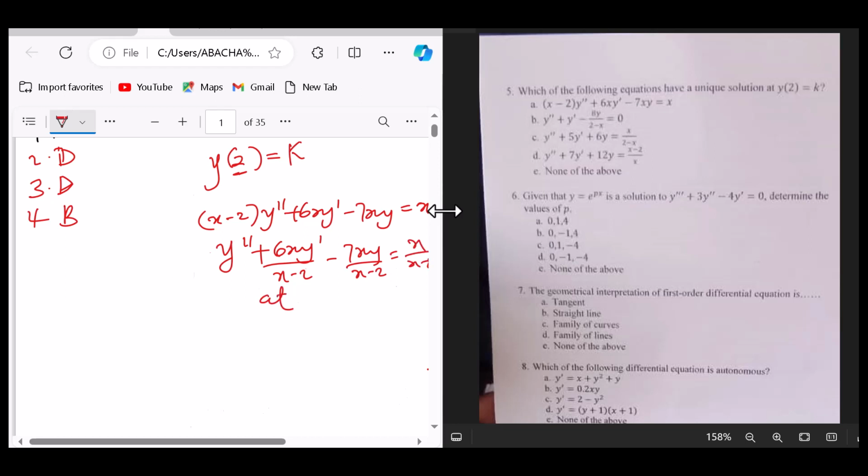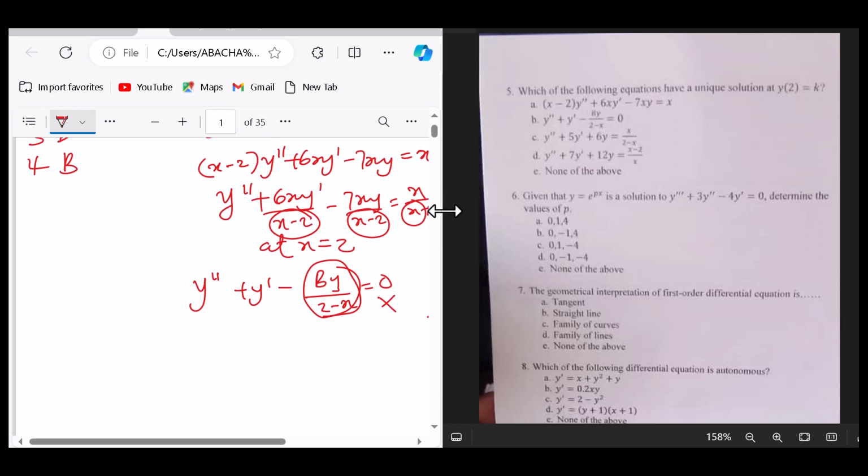Now at x equals 2, this will be undefined, so no unique solution for this one. Now if we look at y prime prime plus y prime minus by over 2 minus x equals 0, at x equals 2, this will not exist, and so this one too is not part.